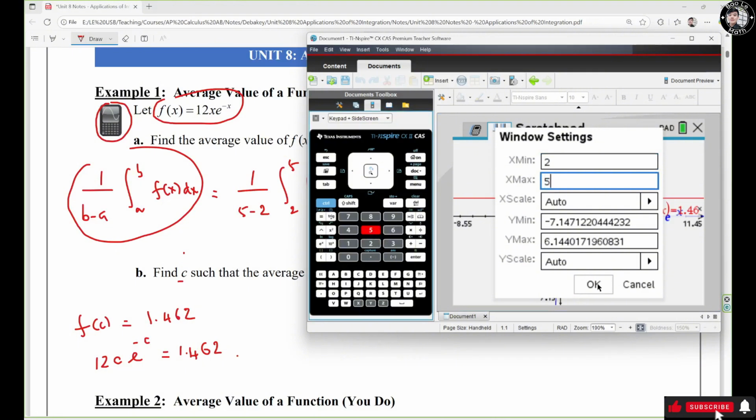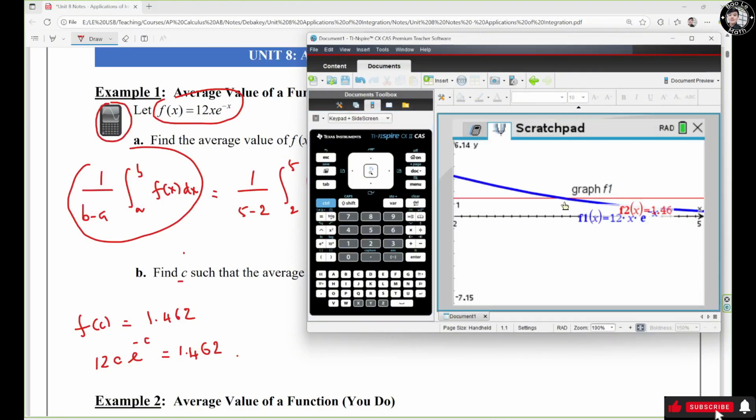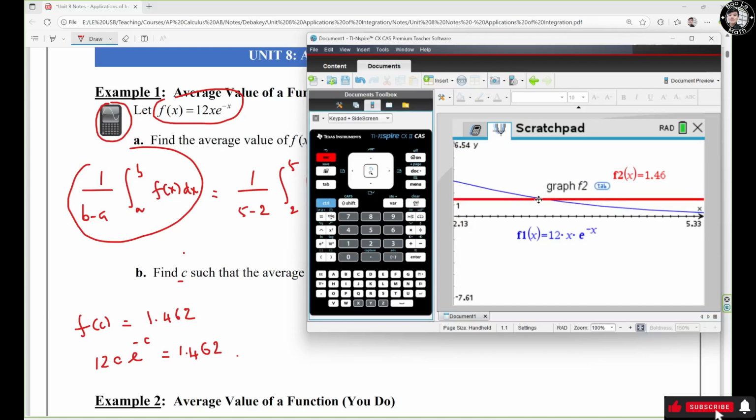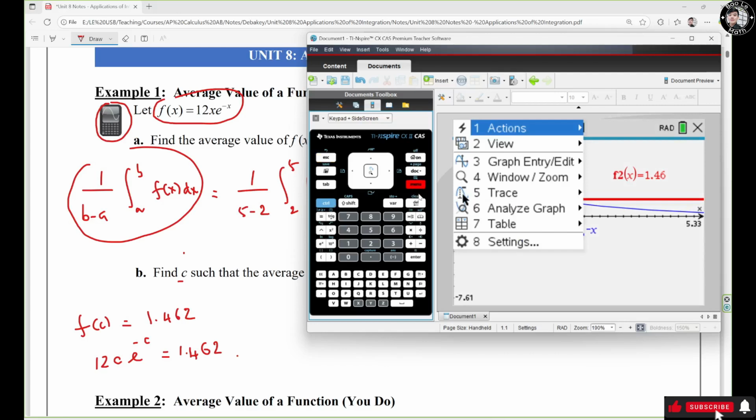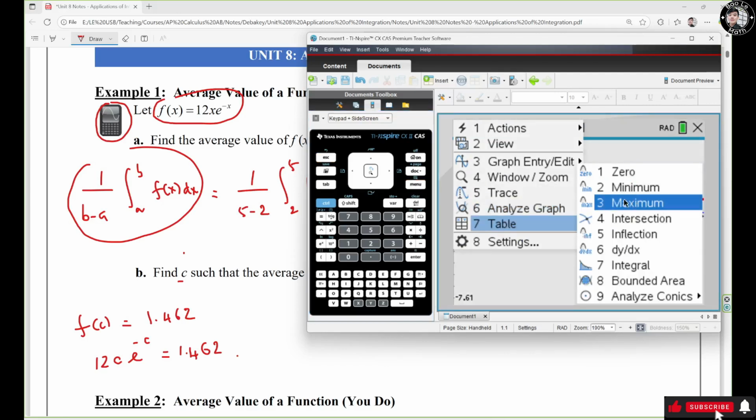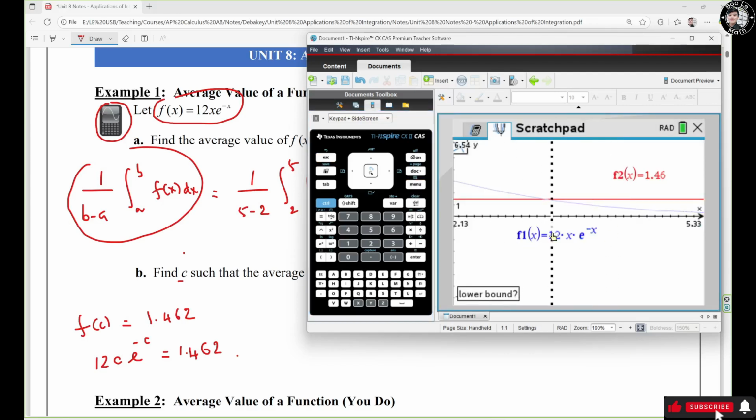Hit OK. It's going to be right here. Now you need to find the intersection between these two graphs. So you're going to hit menu, number 6, number 4. Move your cursor to the left, move your cursor to the right, then the intersection is right here. c equals 3.3.